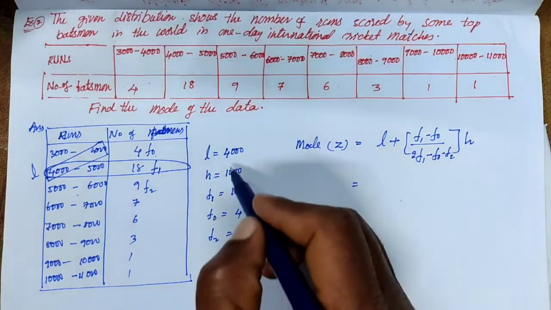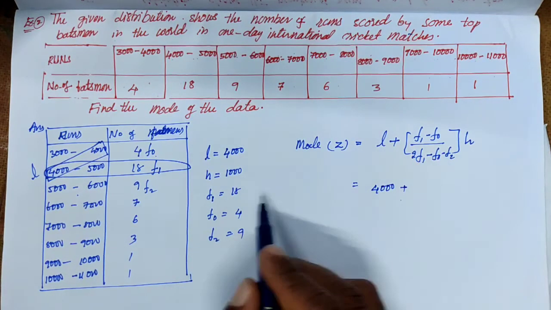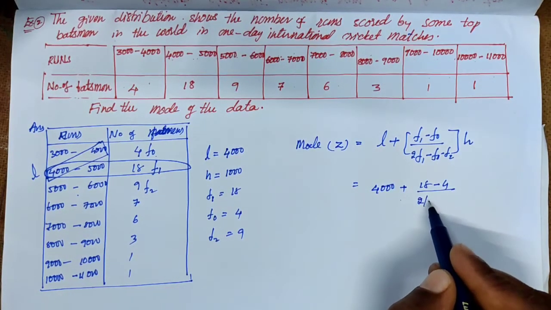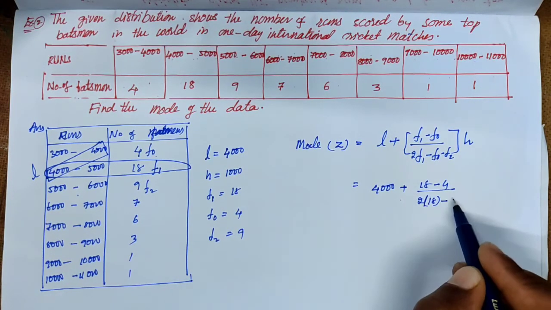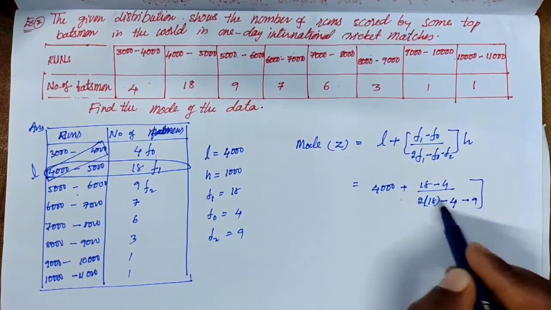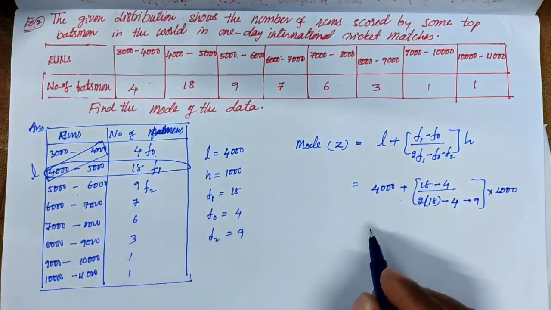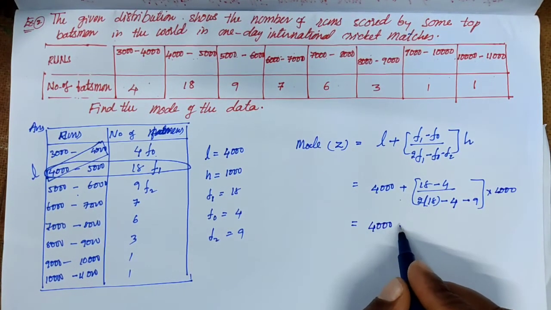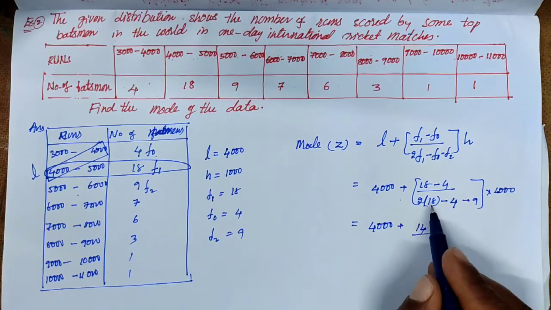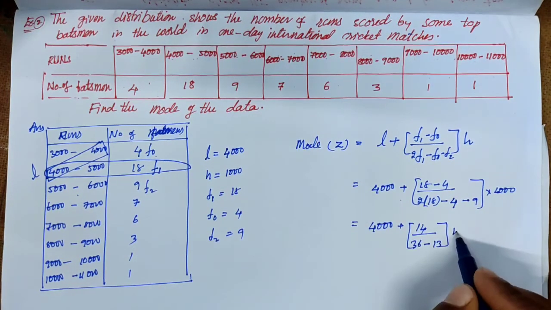In this formula you substitute these values: 4000 plus, F1 is 18, minus F0 which is 4, by 2 into 18, minus F0 that is 4, and minus F2 which is 9, into H. H is 1000, which is equal to 4000 plus 14 by 36 minus 13, into 1000.